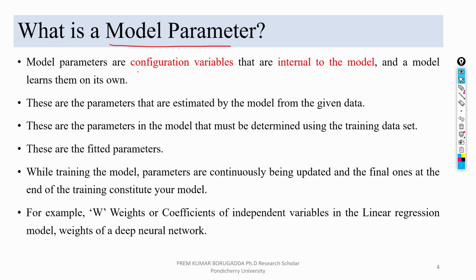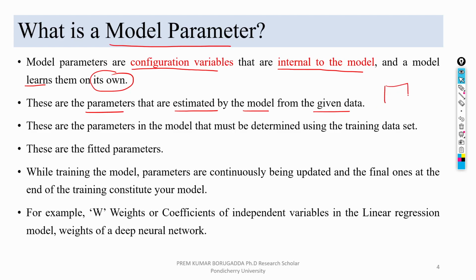Model parameters are the configuration variables that are internal to the model, and the model learns them on its own. These parameters are estimated by the model from the given data.